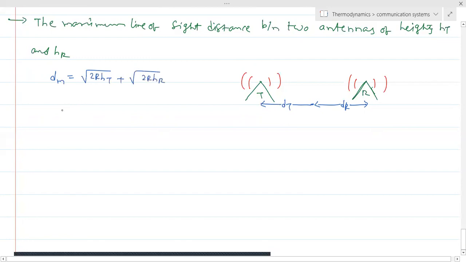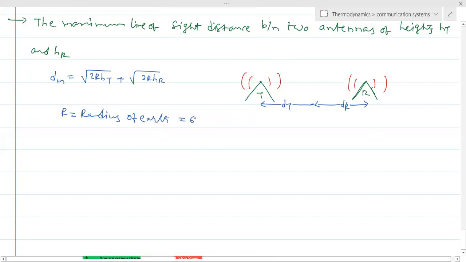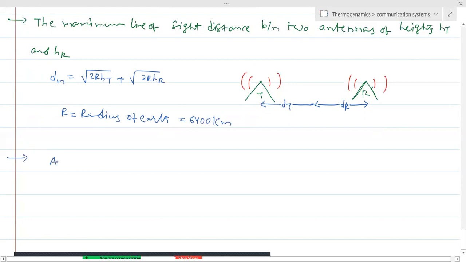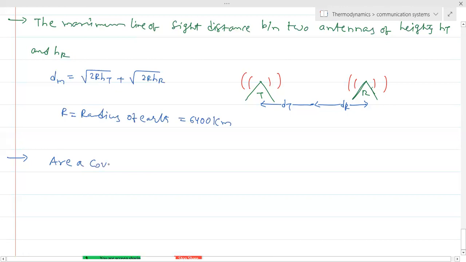Here R means radius of Earth, which is equivalent to 6,400 kilometers. And the next one is important. Area covered by any antenna, it may be transmitter or receiver.